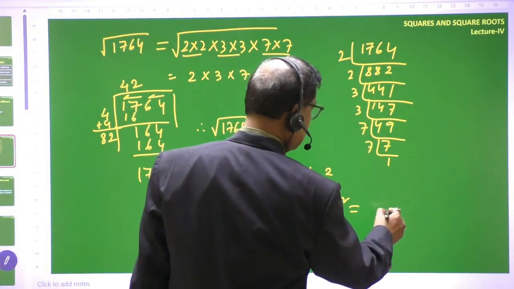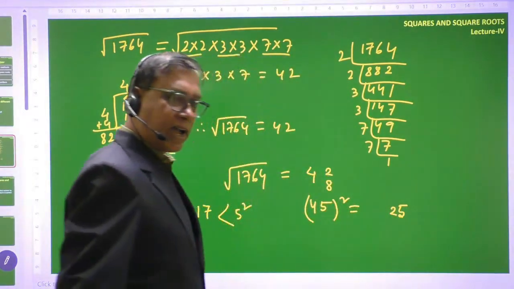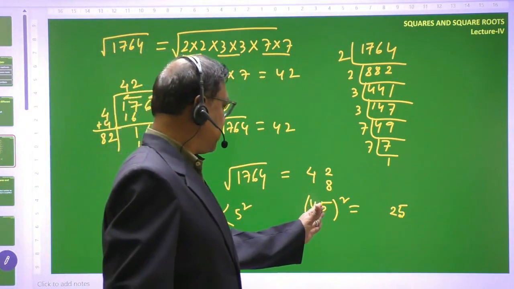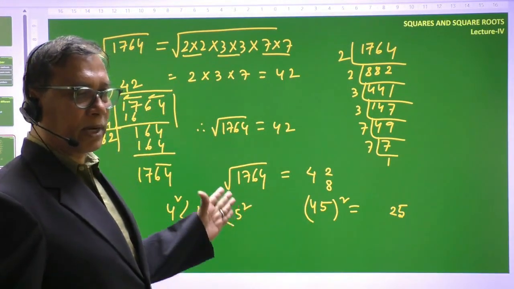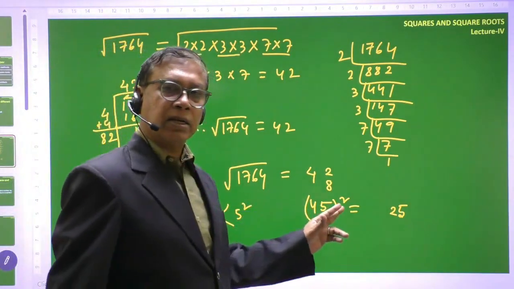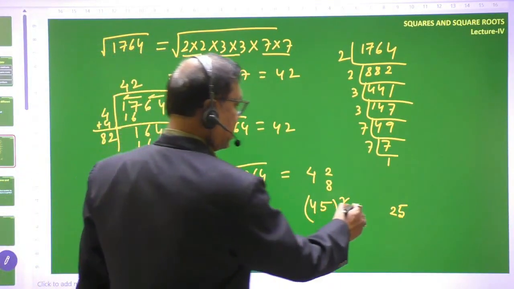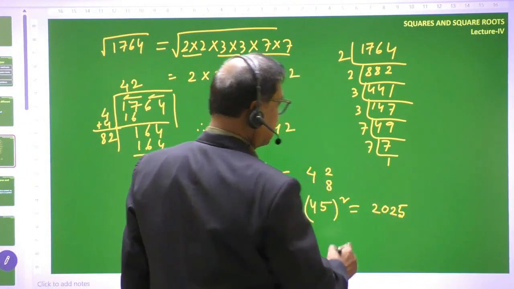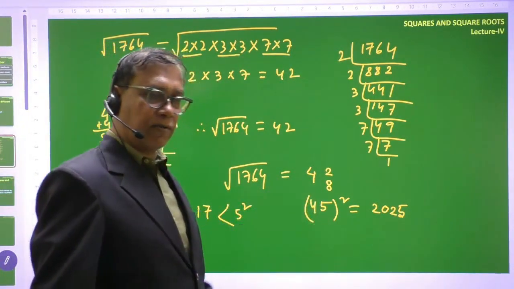Since 5 is here, always the last two digits will be 25, and then leaving 5, for the next part we have to multiply the number by its next number. That means 4 here, and the next number is 5. So 4 into 5, 20 will be the result here. That means 2025 is the square value of 45.